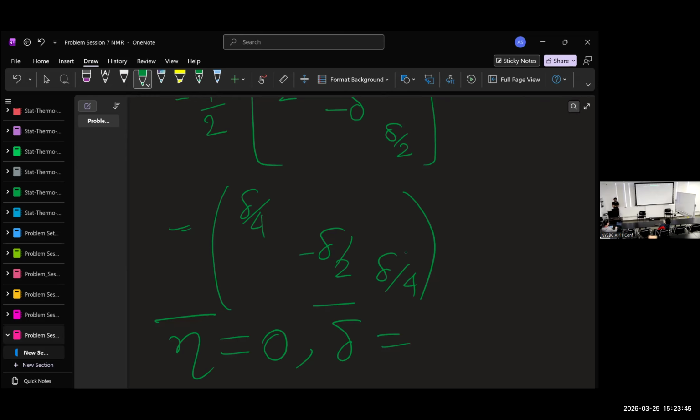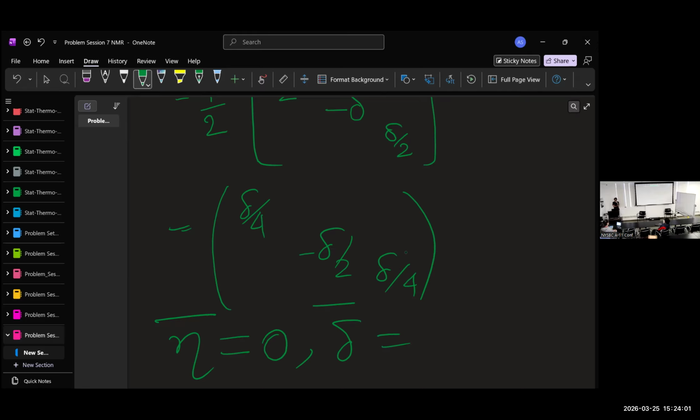E1, average. Does the tensor average to 0? No, it doesn't average to 0. What's the average tensor? We started with delta. It is still a delta.